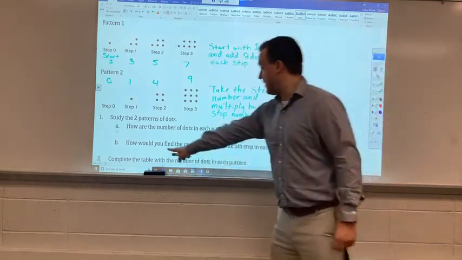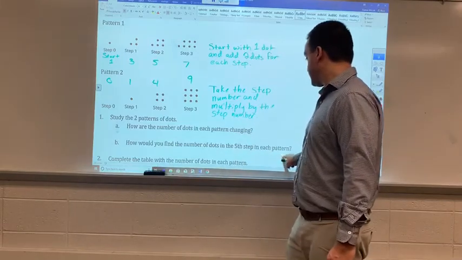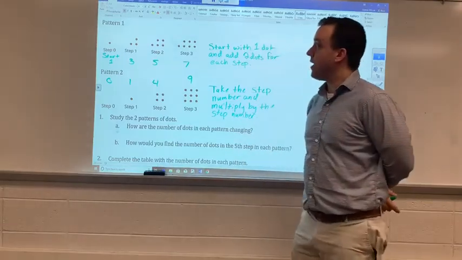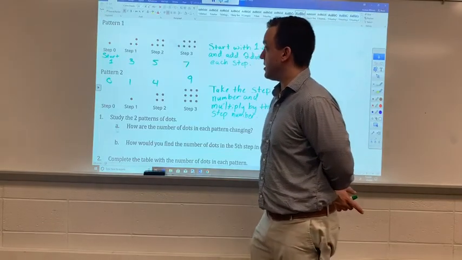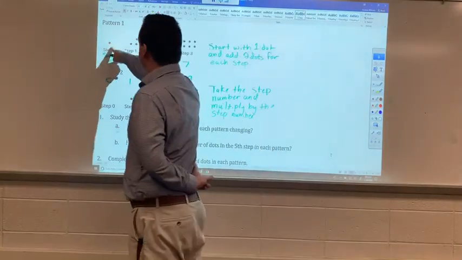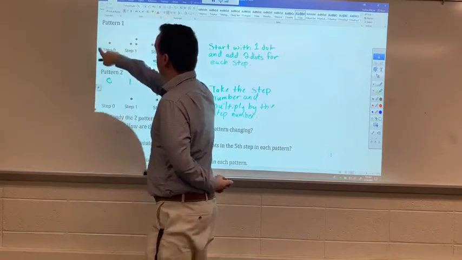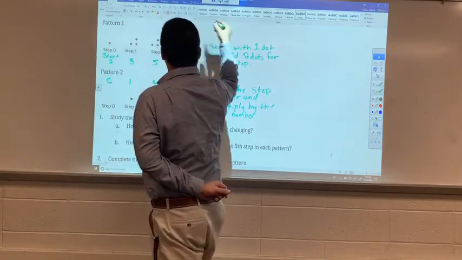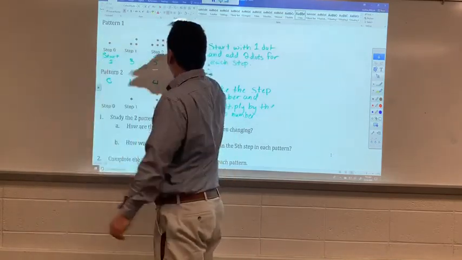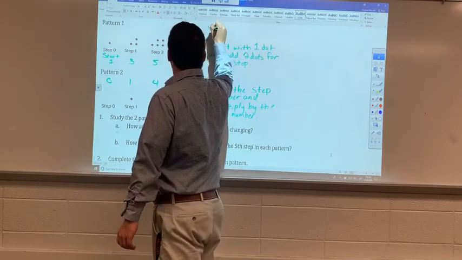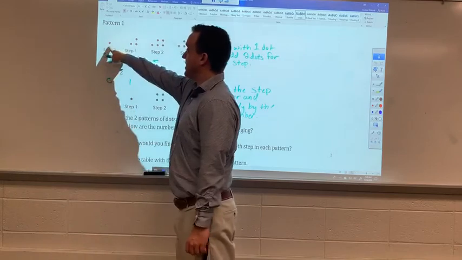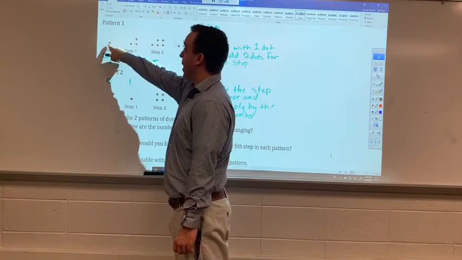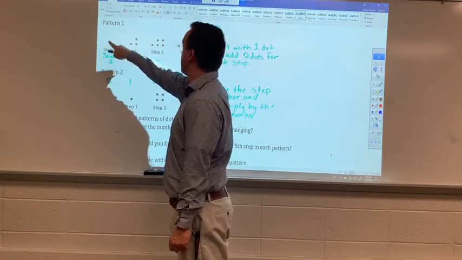So how would you find the number of dots in the 5th step of each pattern? Well, in the first part of algebra, we learned how to write an equation. So for this pattern, I notice that this is linear. So if I did y for my output, I see that my y-intercept, or at step 0, is going to be 1.